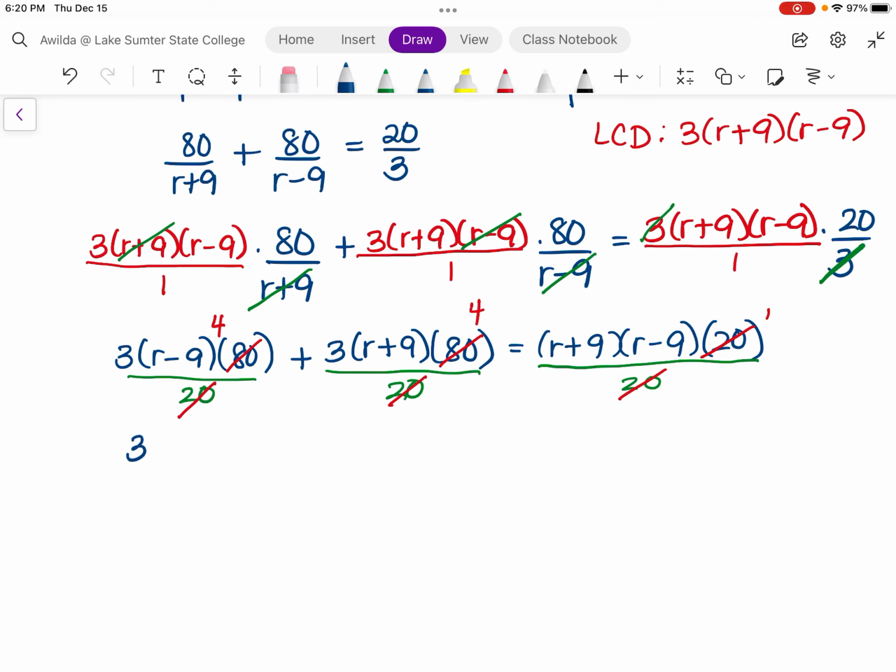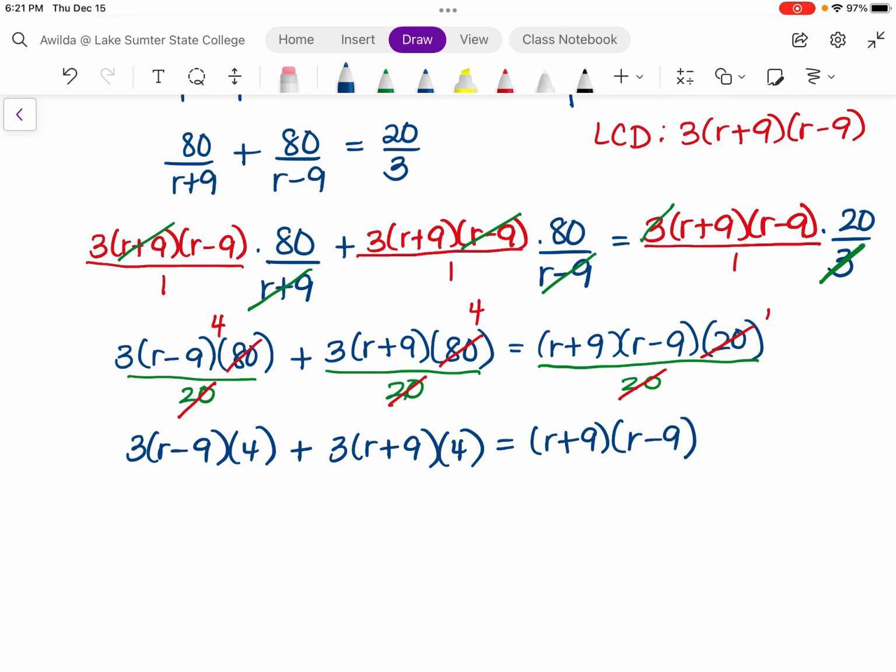We have 3 times r minus 9 in the first term, and we'll multiply that by a 4, plus 3 times r plus 9 in the second term, and again, we need to multiply that by 4. And on the right, we just have r plus 9 times r minus 9. Now, this looks a lot better, and the numbers are a lot smaller and easier to work with.